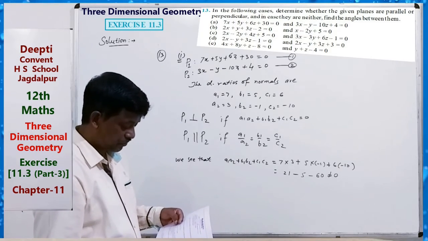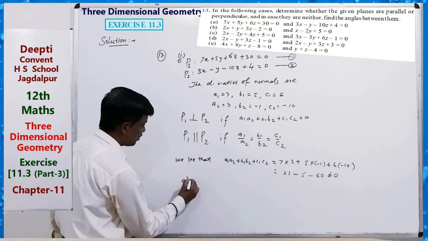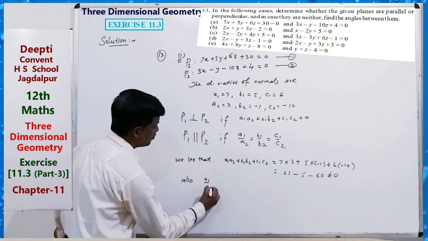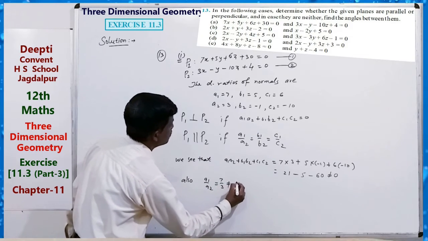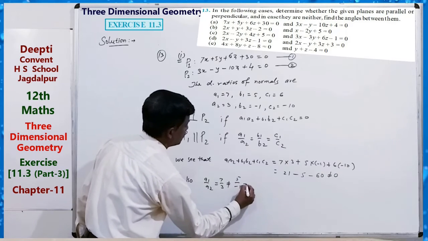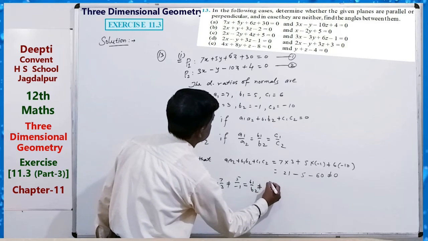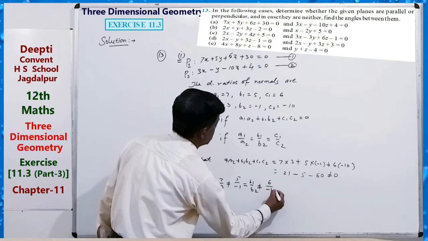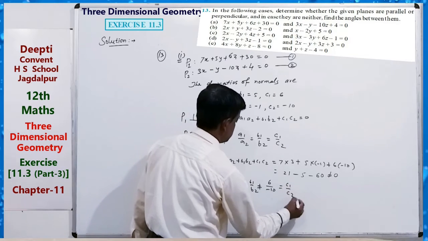And also A1 by A2 equals 7 by 3, which is not equal to 5 by minus 1, which is B1 by B2, which is not equal to 6 by minus 10, which is C1 by C2.